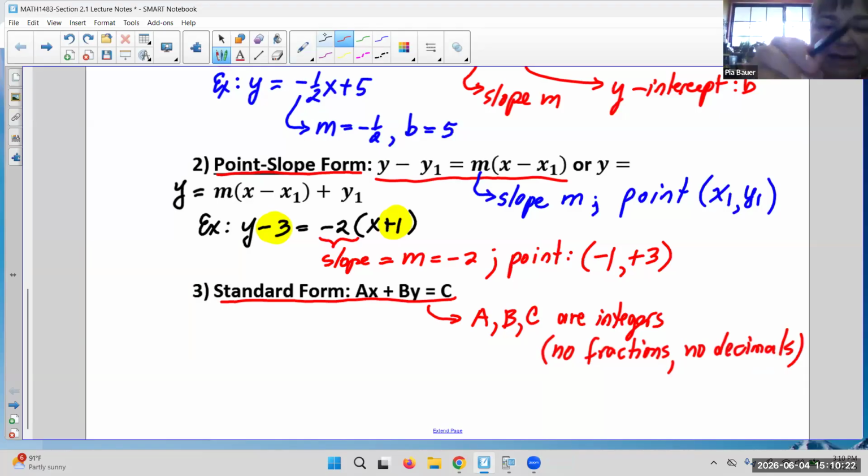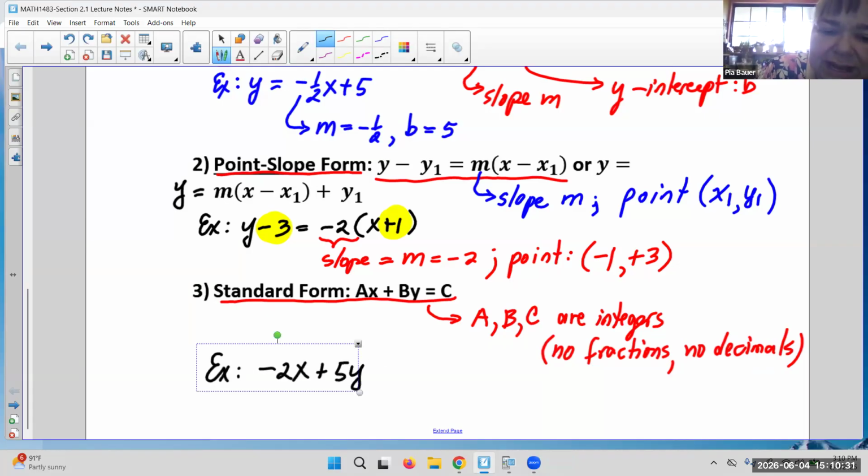So let's look at an example, and it could be something like negative 2x plus 5y equals 10. Again, the standard form doesn't reveal any information right off the equation. It doesn't give you the slope, a y-intercept, or an x-intercept.